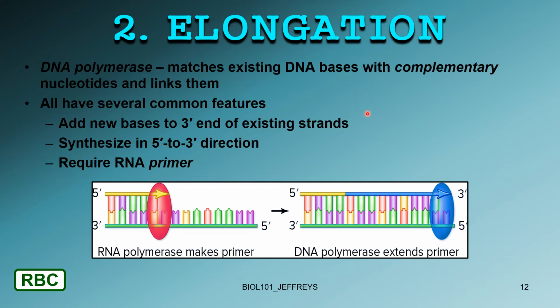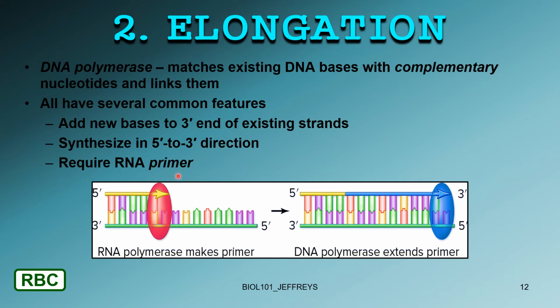And there are several common features here. The new bases are added to the 3' end of the existing strand, right? The 3' end, because remember, we are replicating 5' to 3'. So we're going to add to the 3' end of the growing chain.